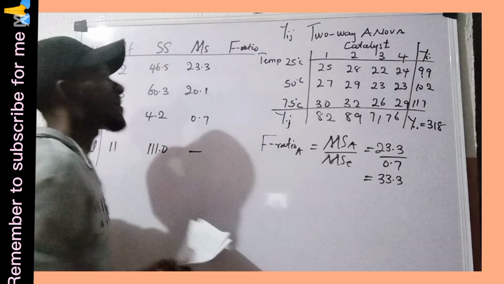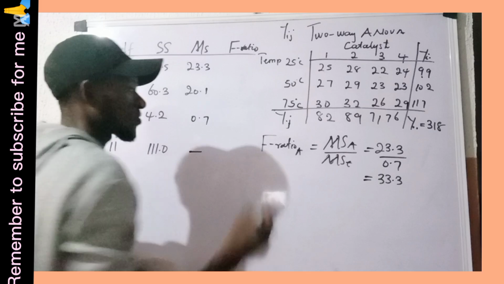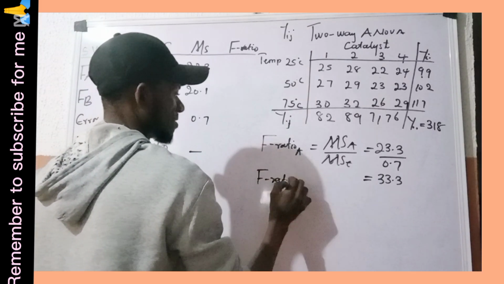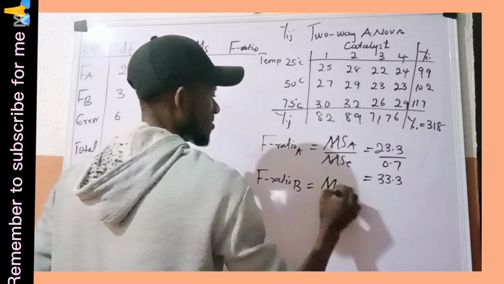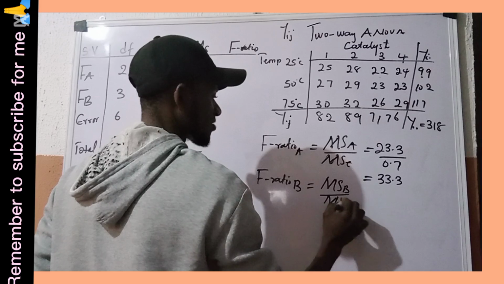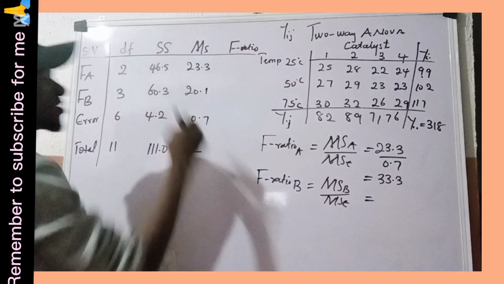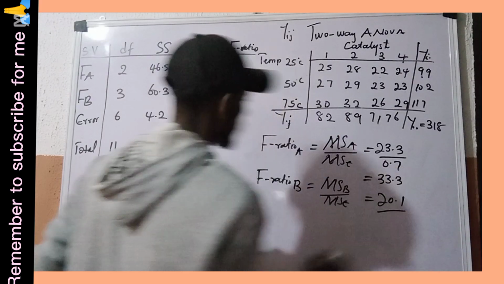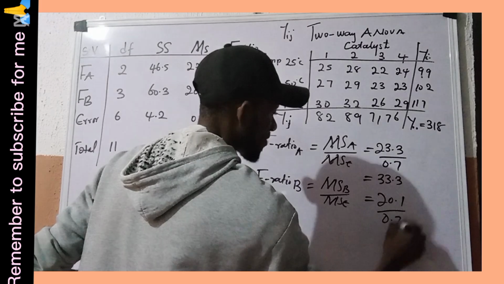Now we talk about the F ratio with respect to catalyst, which is our factor B. So the F ratio of B is given as MS of B all over MS of E. Our MS of B is 20.1, so this is 20.1 all over our MS for error, which is 0.7.